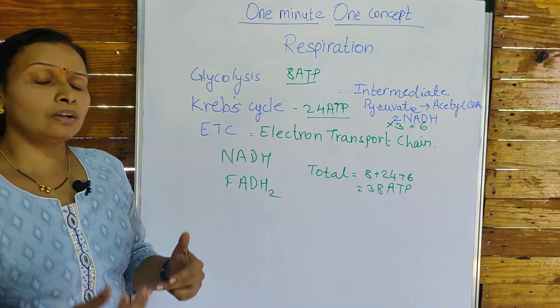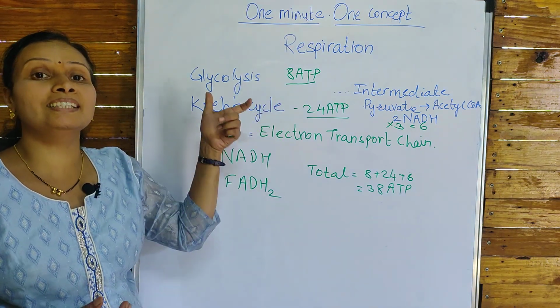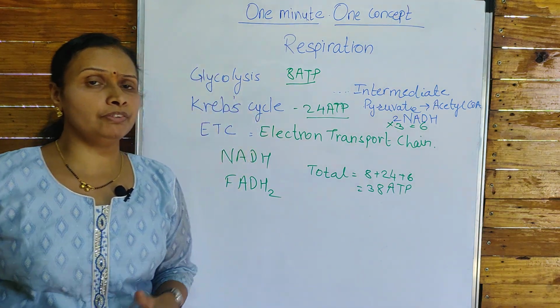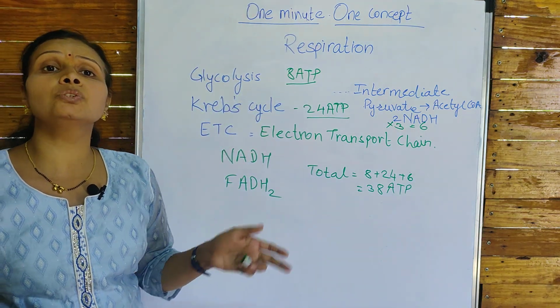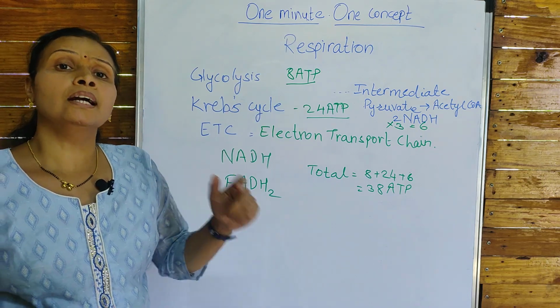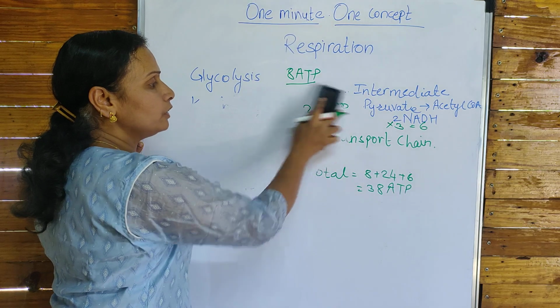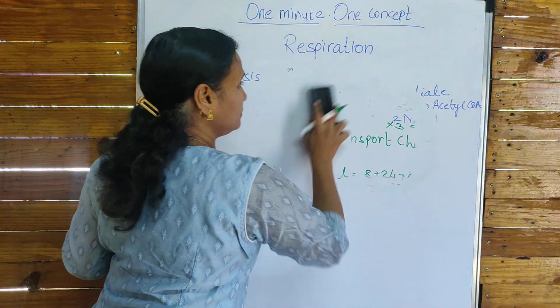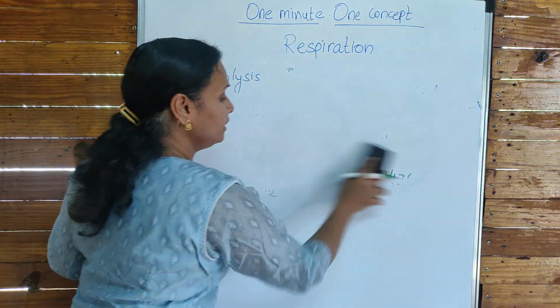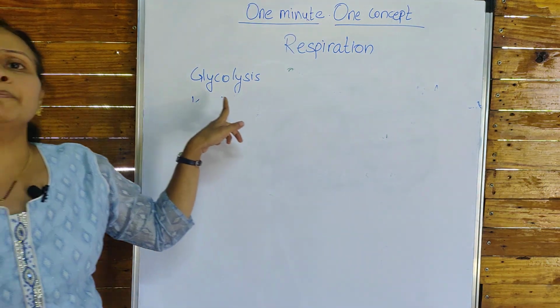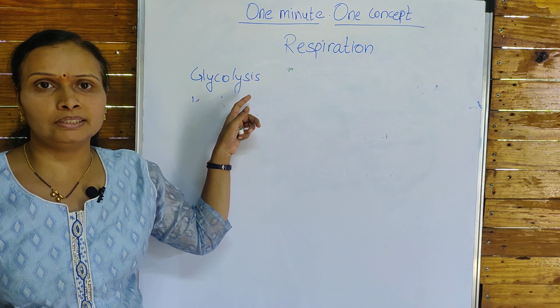Now the last part of respiration is anaerobic respiration. What is anaerobic respiration? We have seen that wherever oxygen is not involved, that is anaerobic respiration. In the first part I told you that for both aerobic and anaerobic respiration, the first step is common, that is glycolysis.